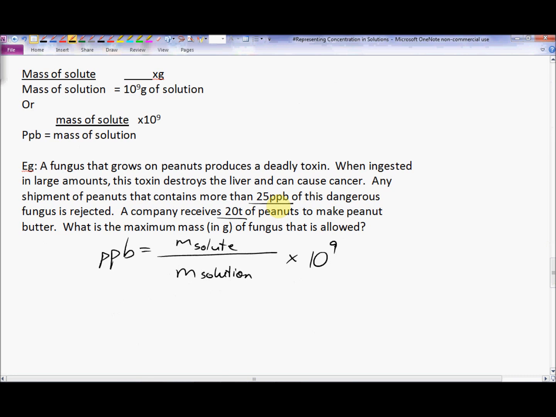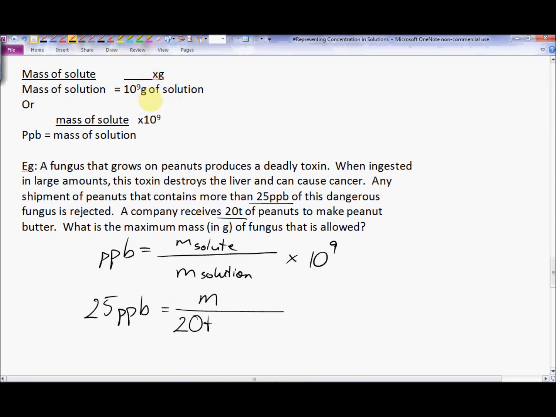So we put in our 25 parts per billion is equal to, and they're asking what mass of fungus is allowed within this sample of 20 tons. So we're going to say mass here, that's our variable, divided by 20 tons. Now we need this in grams because parts per billion is in grams per billion grams, basically.